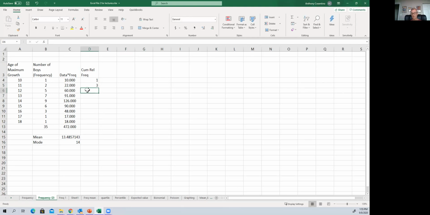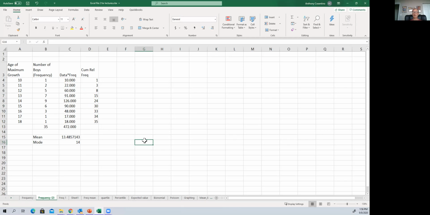And 3 plus 5 is 8. And 8 and 7 is 15. 15 and 9 is 24. 24 and 6 is 30. 30 and 3 is 33. And add 1 is 34. And you add 1, this better be 35.